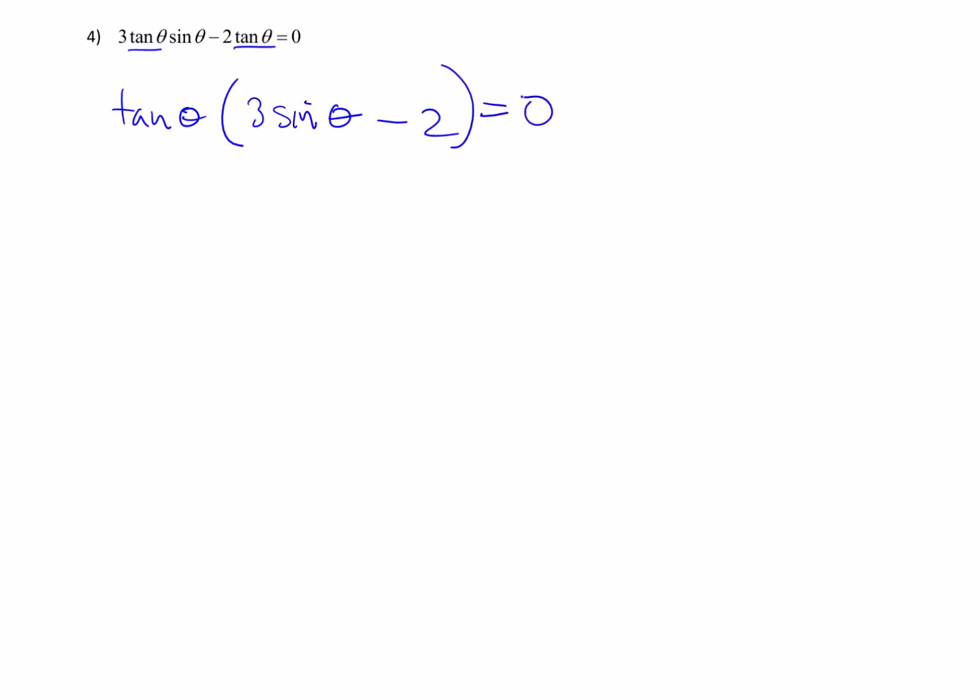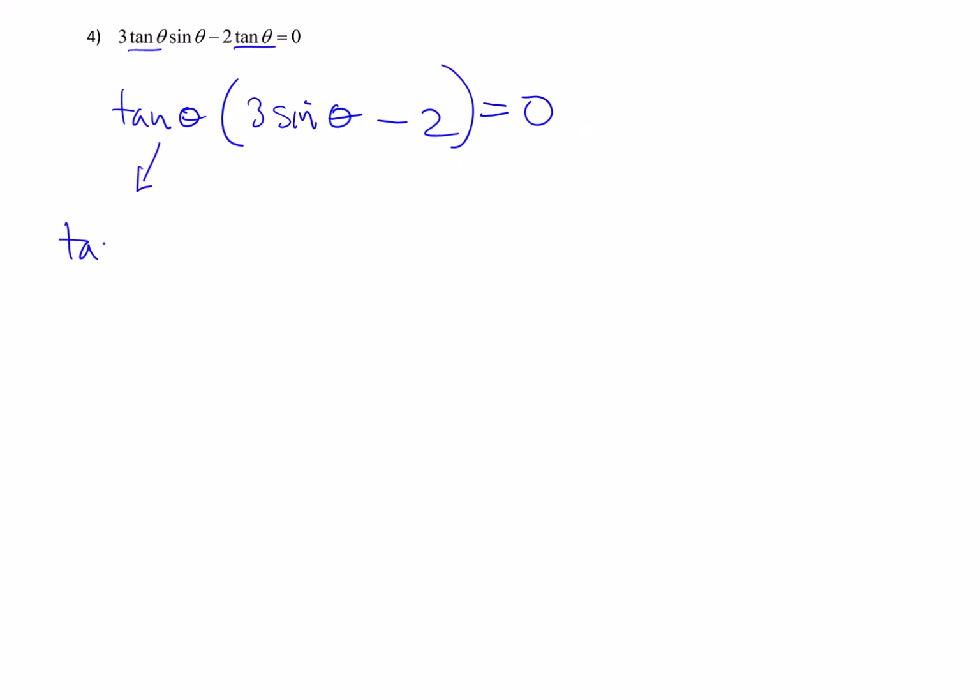What we're saying is if you distribute this tan theta into those in parentheses, tan theta times 3 sine theta, tan theta times negative 2, you're going to get that original left side, which means you can simply factor out the tangent theta, which is convenient because now we have a product equal to 0. That's a place we want to be because now we can use the zero product property.